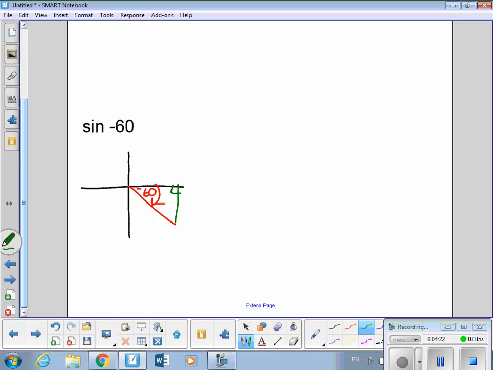So sine of negative 60 is the same as sine of 60, but is it positive or negative? Same thing using CAST, we can see that only cos is positive there. So sine of negative 60 is the same as negative sine of positive 60.